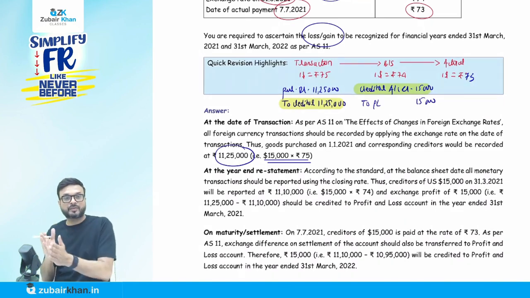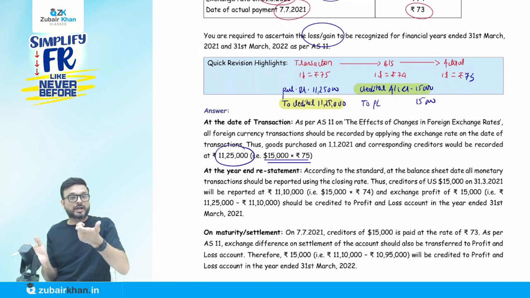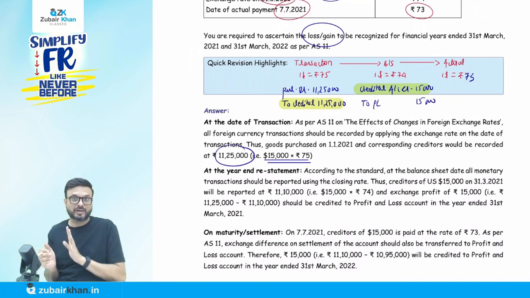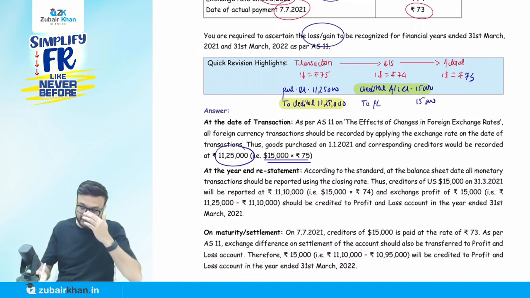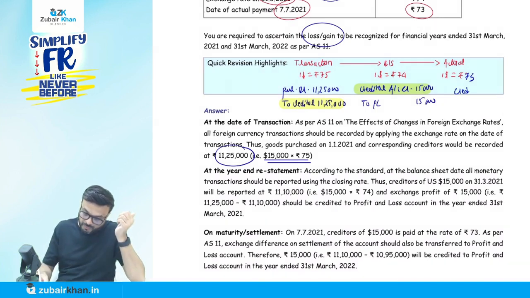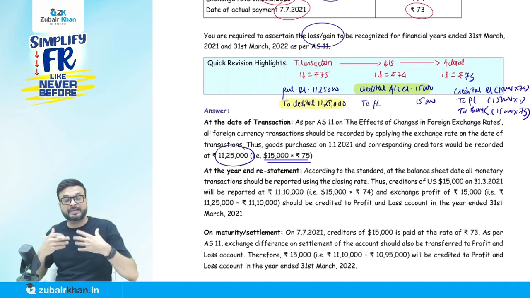So to P&L account 15,000 multiplied by 1, and to cash or bank account will be credited 15,000 multiplied by 73. You got the point? I'm passing a single entry here: creditor account debited 15,000 multiplied by 74, P&L credited 15,000 multiplied by 1, bank credited 15,000 multiplied by 73, because I'm to pay at the rate 73 only.